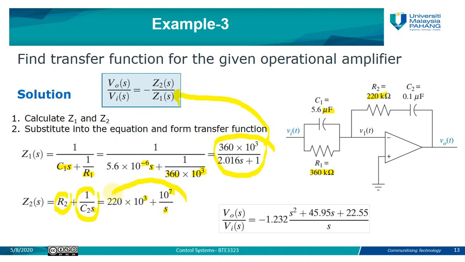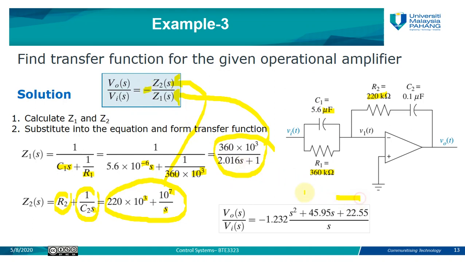Now the value of Z2 will replace Z2 here. After you substitute Z2 and Z1 by their values, you will find the transfer function, which is V out over V in equals negative. Don't forget this negative for the inverting operational amplifier.